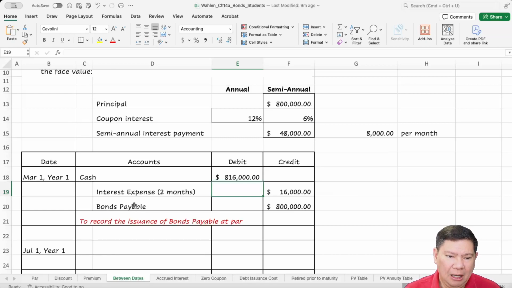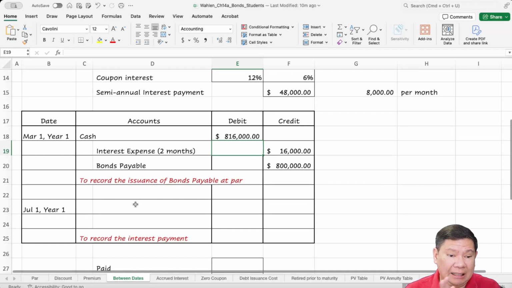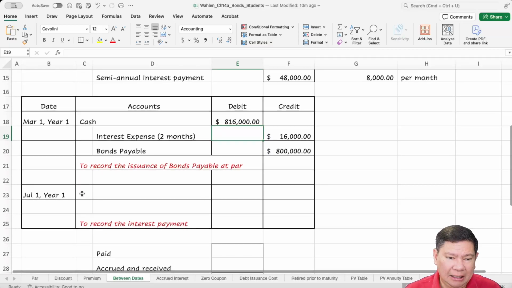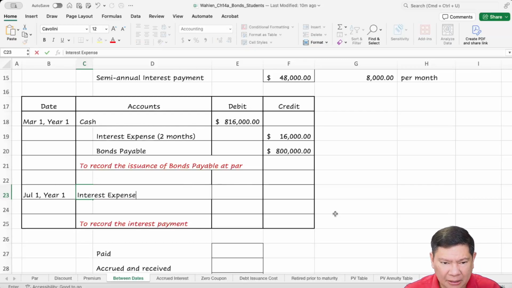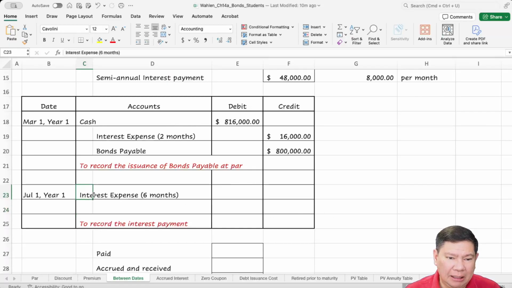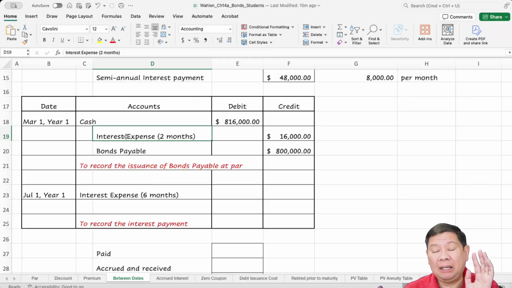So when they sold these bonds, the company will get $816,000. Okay, so on the next interest payment date, July 1st, year 1, they're going to recognize interest expense. And this is the full 6 months. So you see, this is on debits, the full 6 months minus 2 months. Basically, they're reporting only 4 months of interest expense.